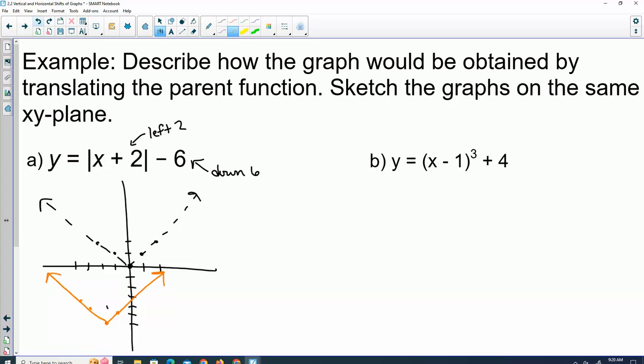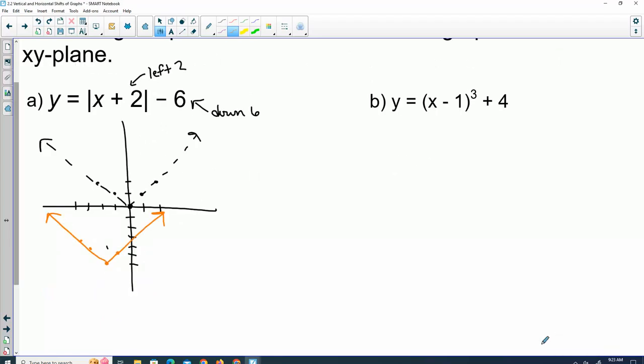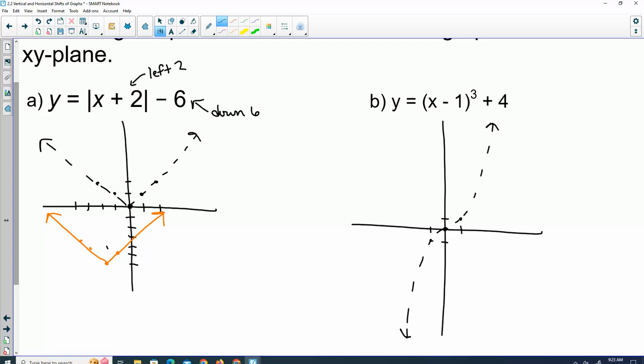Right, you guys try B for me. With the parent function, I want you to tell me what the transformation is. What's the parent function? 0 cubed is 0. 1 cubed is 1. Negative 1, negative 1. You could do 2, 8, negative 2, negative 8 if you wanted more points, if you weren't sure what it looked like.